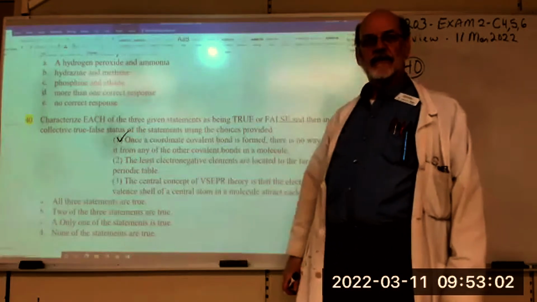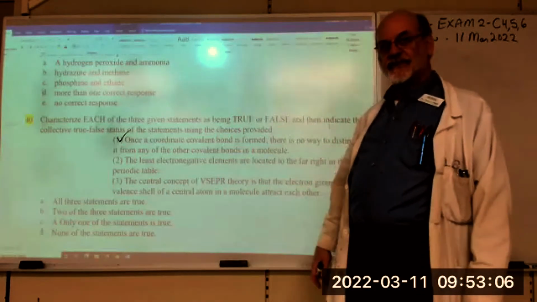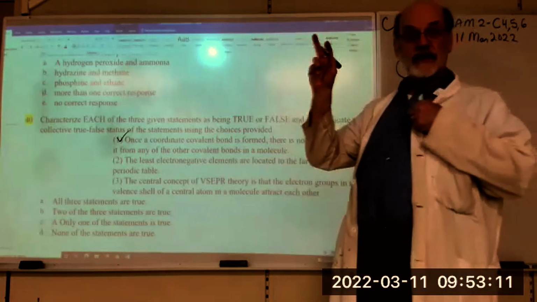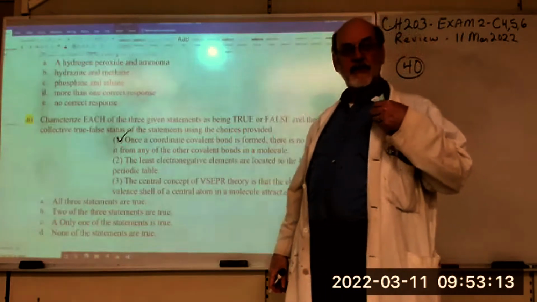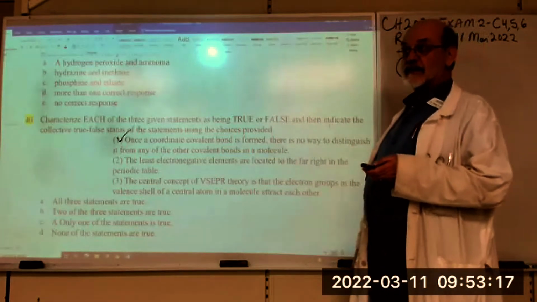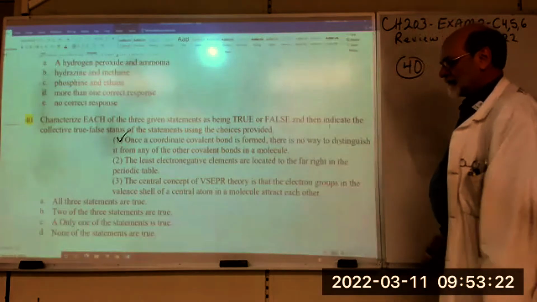Now it's the other way around. The more electronegative they are, the further to the right they are. The most electronegative one in the periodic table is fluorine, upper right-hand corner. The least electronegative is cesium in the lower left-hand corner. So that was false.